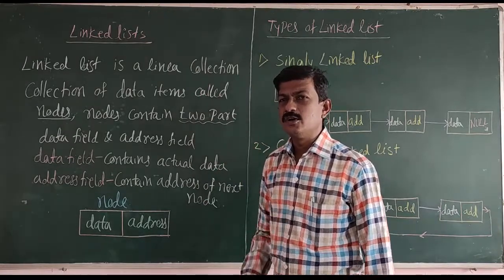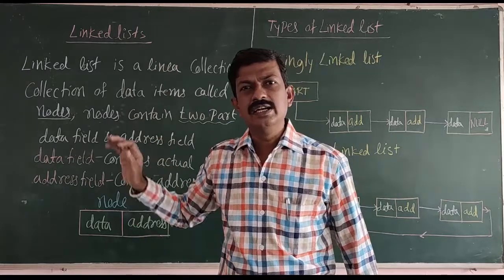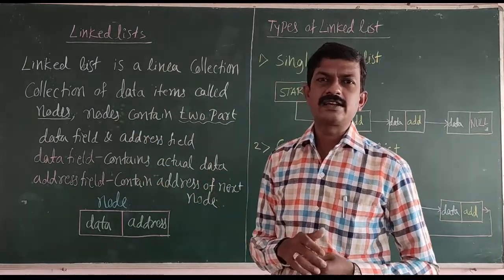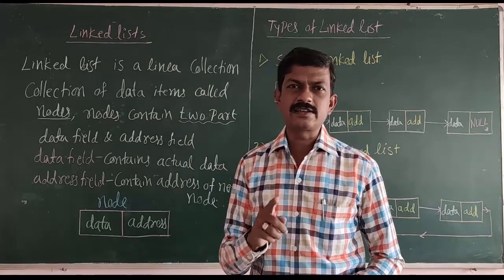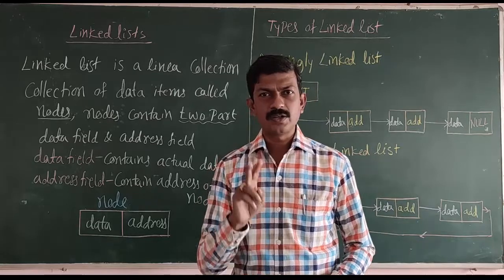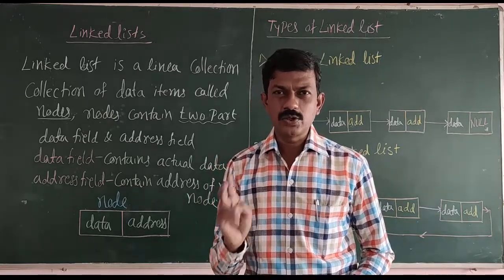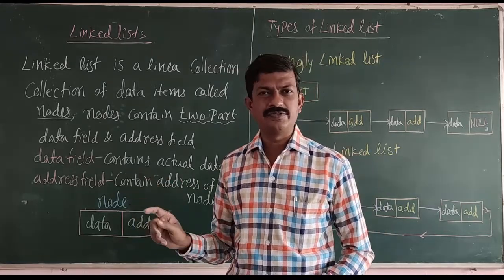Now we need to discuss what we mean by linked list. Simple definition: a linked list is a linear collection of data items called nodes. A node contains two parts: the data field and the address field.